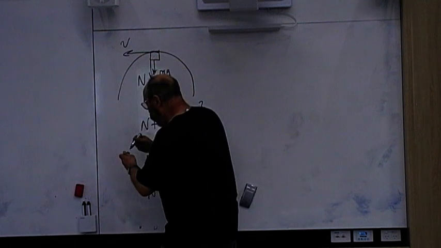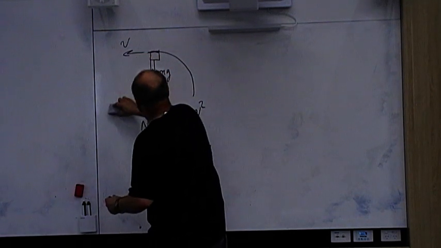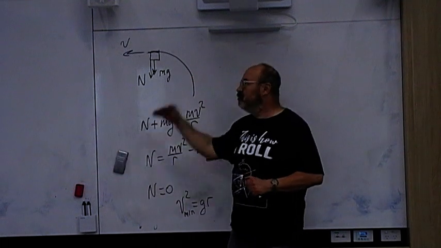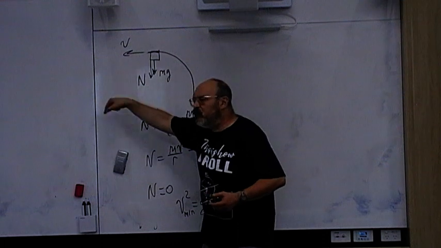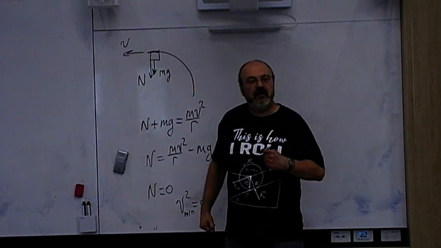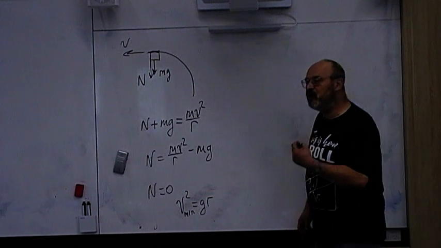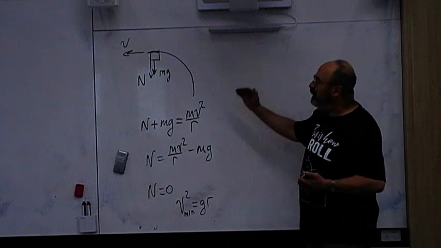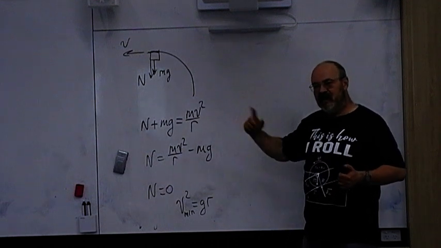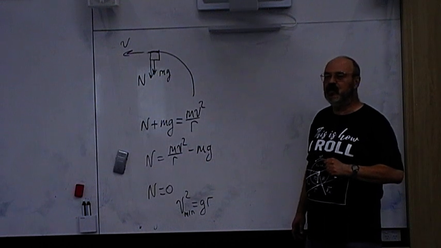If there were no rail, what would happen? It would fly off and become a projectile, but it would not turn this way. So the actual reason is Newton's first law. It's inertia, and as a result of that inertia, it pushes on the surface and keeps moving.